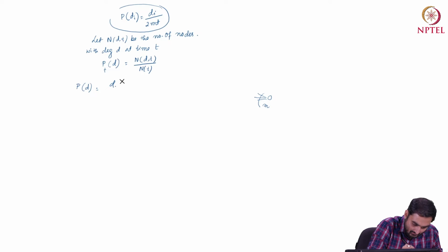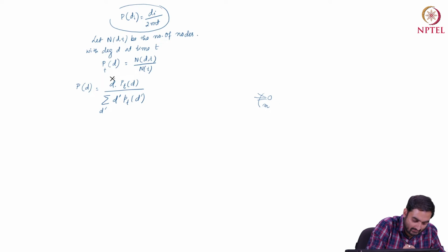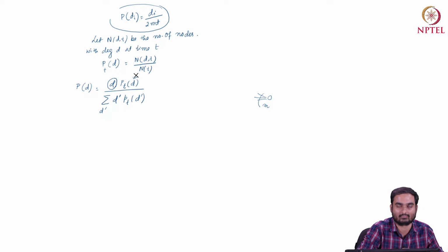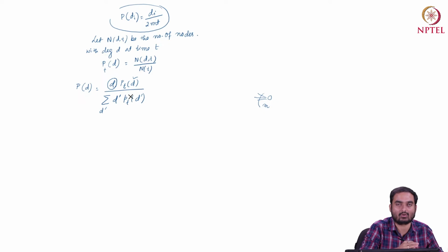d times P_t(d) divided by the sum over all d', let us write d', of d' P_t(d'). Think about it. This is the degree and this is the probability of that particular degree at a particular time, and the denominator is the sum over all the degrees, but weighted proportionately.